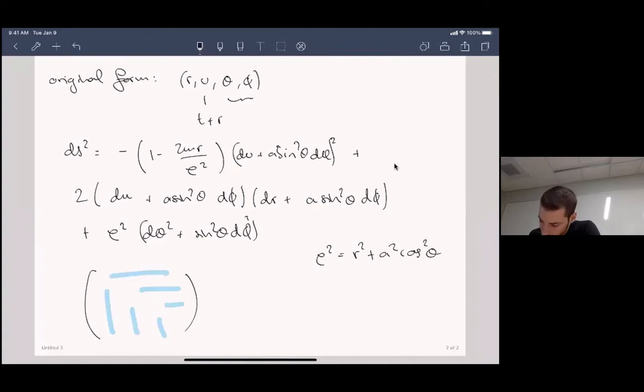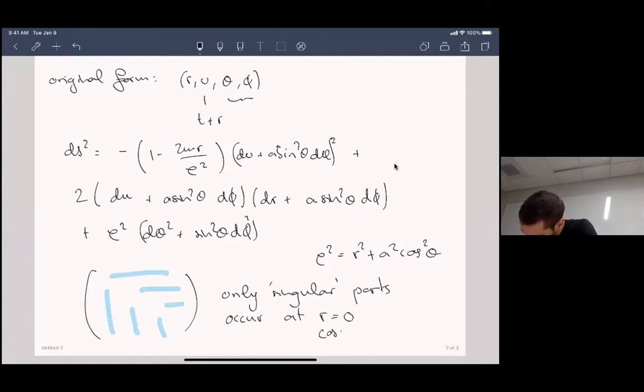However, what is nice about this metric is that the only singular parts, if you will, occur at r equals 0 and cosine theta equals 0, i.e. theta equals pi over 2.